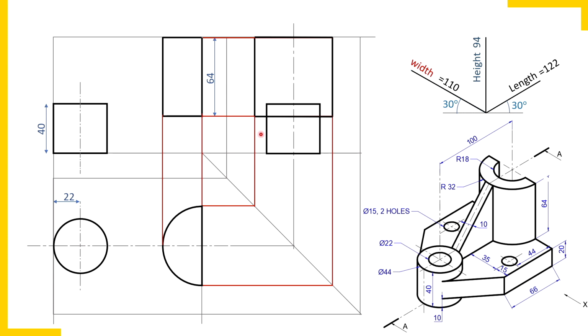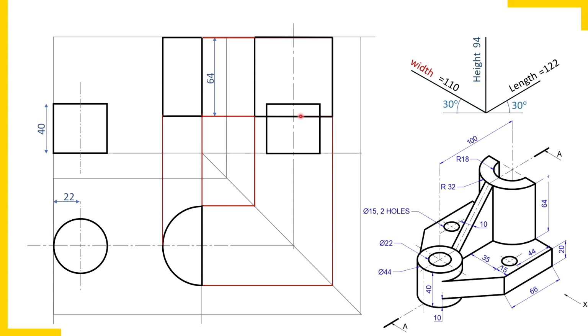Okay, now a very, very important part. Focus here on your screen. This is the top view of the semi-cylinder. This is the top view of the cylinder. They are not even in contact right now. Here is the front view of the semi-cylinder and the front view of the cylinder.